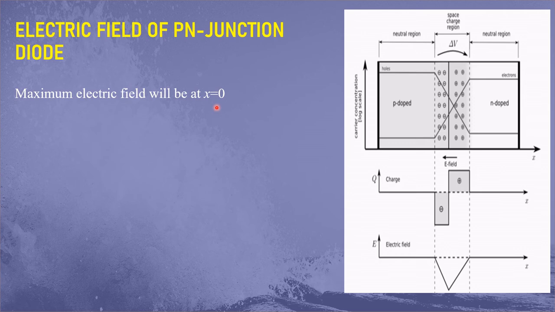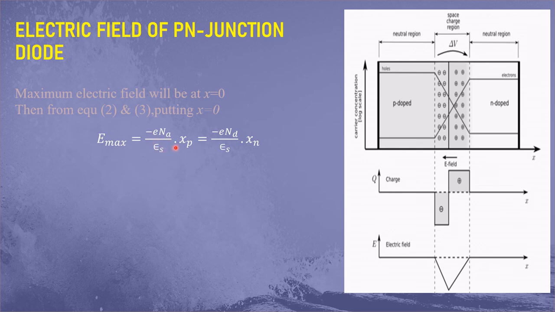From the previous equations 2 and 3, if we put x equal to 0, we get the maximum electric field, that is E max, equal to minus ENA divided by epsilon s times xp, and that is equal to minus END divided by epsilon s times xn.